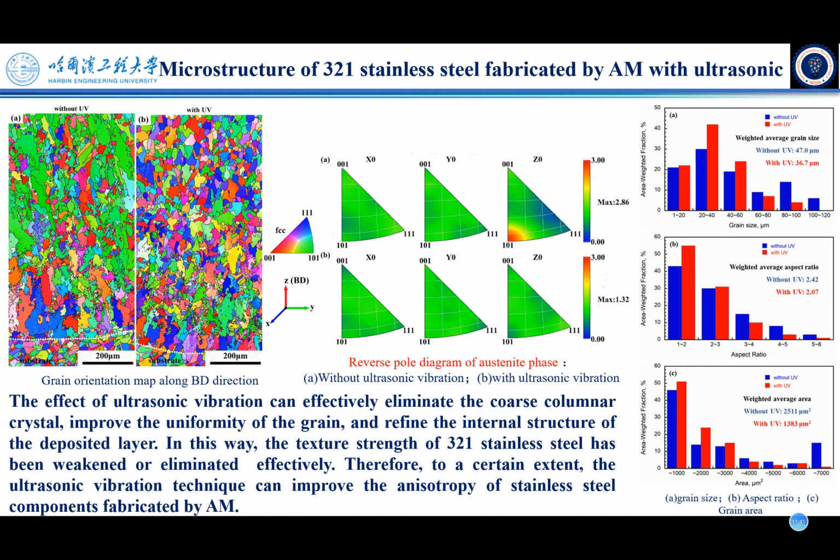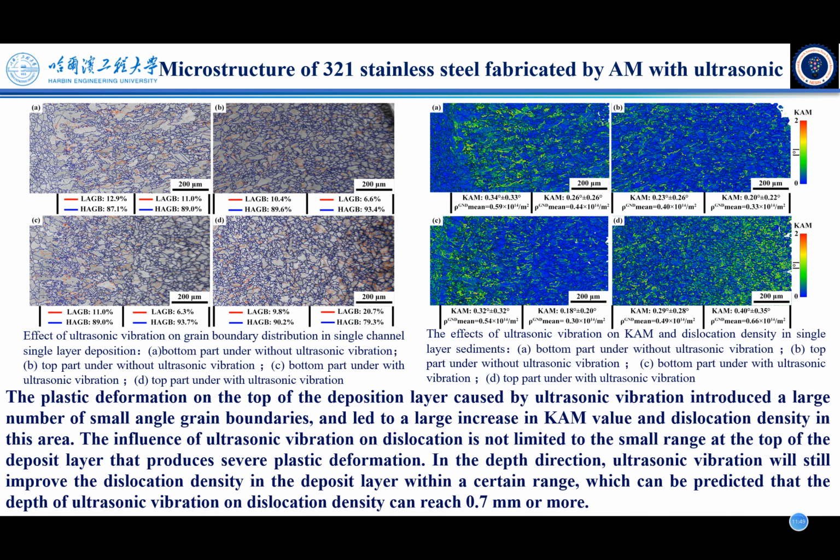Therefore, to a certain extent, the ultrasonic vibration technique can improve the isotropy of stainless steel components fabricated by additive manufacturing.